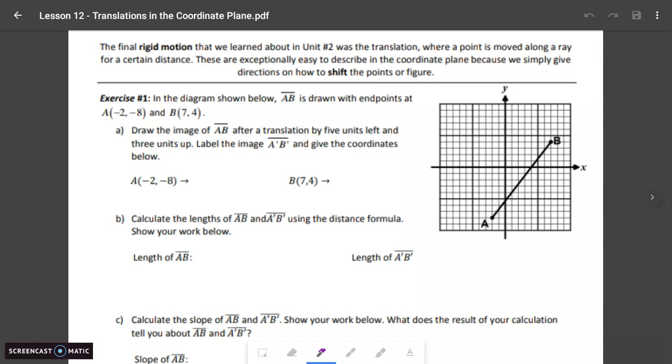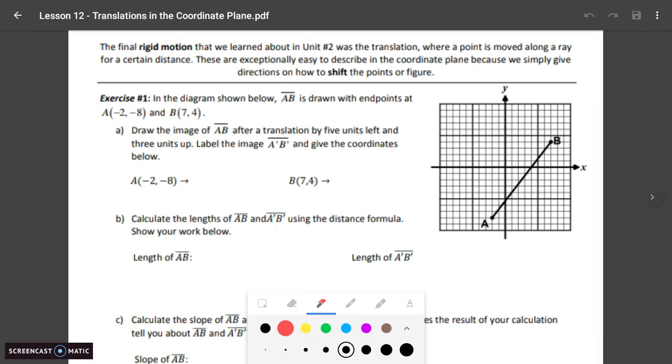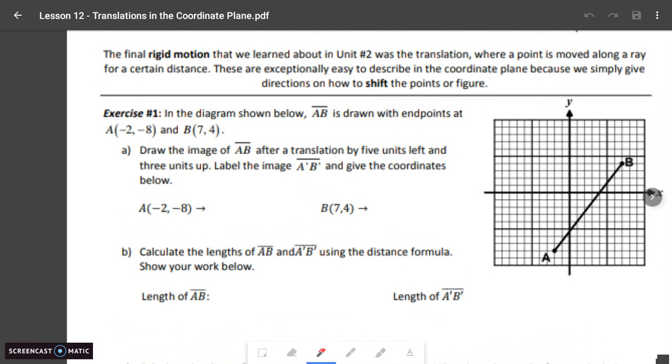So we have AB shown. We know that the AB image is going to be translated 5 units left and 3 units up. So remember, anytime you do that, 5 units left is subtracting 5 from the x, which would change this to -7.